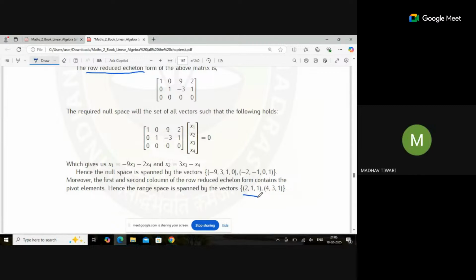My question is, when you say range space, you said that it is all the vectors that have an image. Yes, those vectors that have a pre-image.